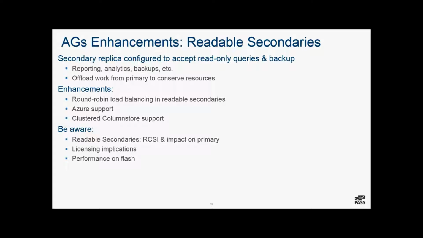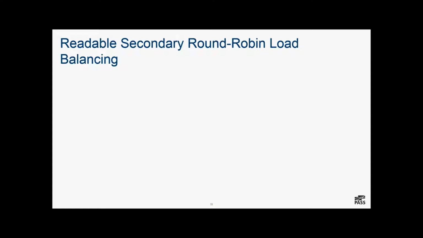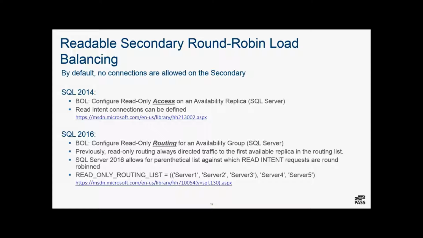Okay, I have a little bit here about readable secondary load balancing. By default, no connections are allowed to the secondary. This is just a little bit of a deep dive into round robin. In 2016, we actually choose which servers are readable, how those servers are accessed, the order in which they're accessed, and at the same time we can make some readable secondaries not accessible if we choose to.